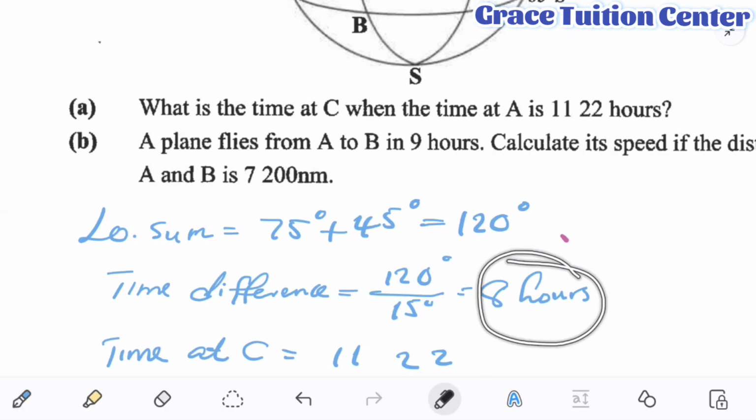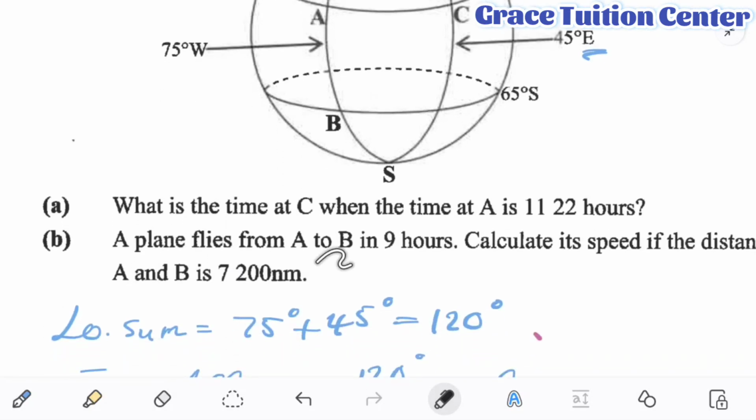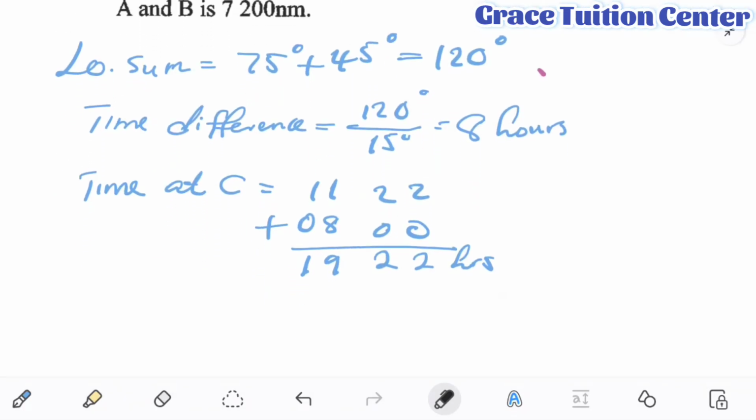80 hours. So town C being on the east of town A, then it means that town C is 8 hours ahead of town A in terms of time. Once you know this difference in hours, you can just add it to the time at A, then you have your answer.